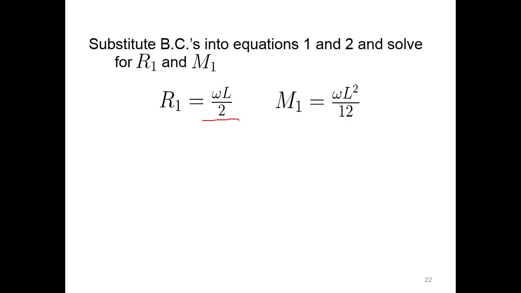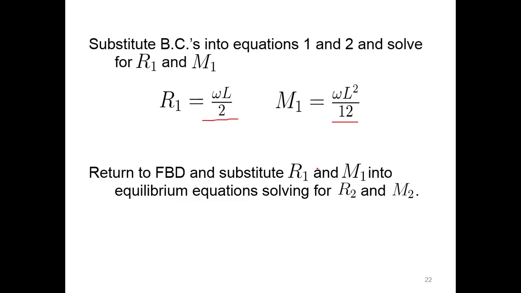The reaction force for a distributed load on a beam element is omega, that distributed force, times the length of the beam divided by 2. So it's basically the overall average of that distributed force. And the moment is omega L squared over 12.